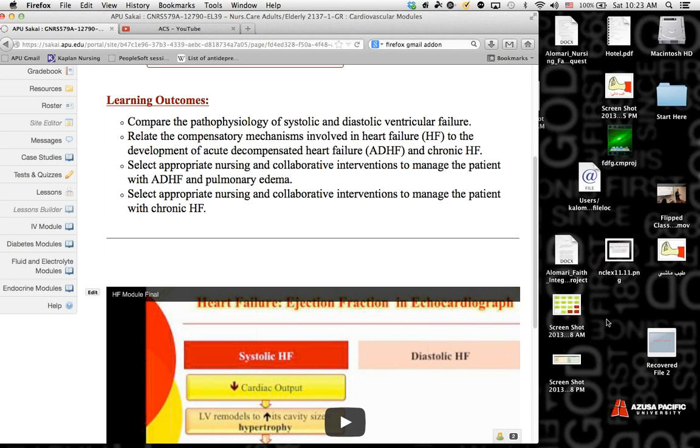T wave inversion. ST elevation is more serious than T wave inversion.